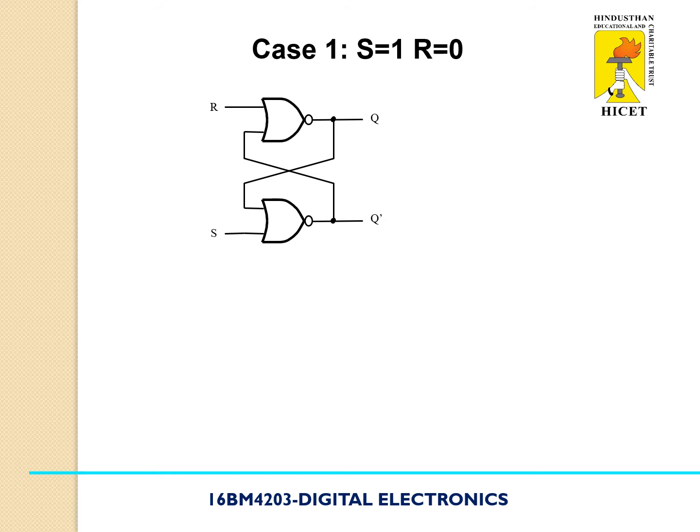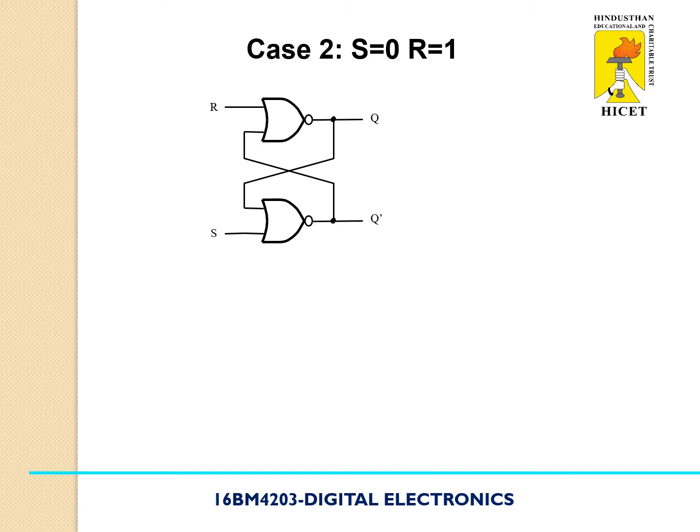That 0 is applied to NOR gate 1. Already R equal to 0, so the other input is also 0. When 0, 0 is applied, output becomes 1. Previously it was 0, now it has changed to 1. So when set is active, whichever the present state, next state is 1.